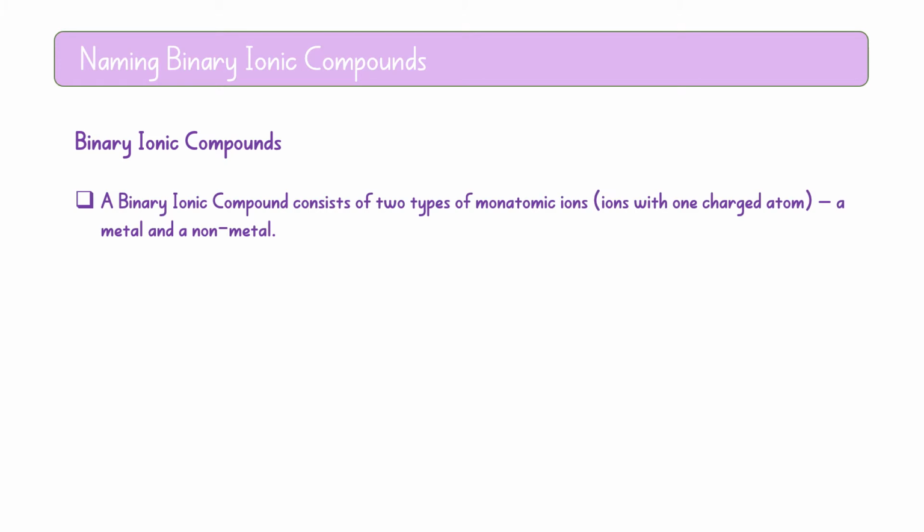A binary ionic compound consists of two types of monoatomic ions: ions with one charged atom, a negative nonmetal, and a positive charged ion, a metal.